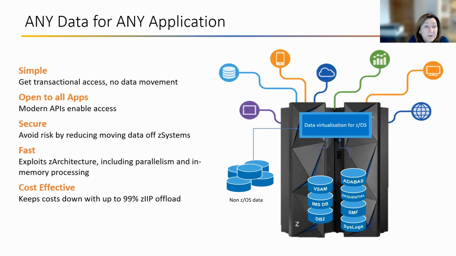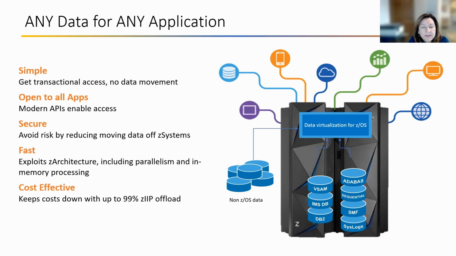So it needs to be simple, getting transactional access, right, without having to physically move the data from the mainframe. Because as we all know, there are challenges and risks related to physically moving the data. And then as we talked about, there are latency concerns and cost concerns as well. The next component is needs to be open to all applications.